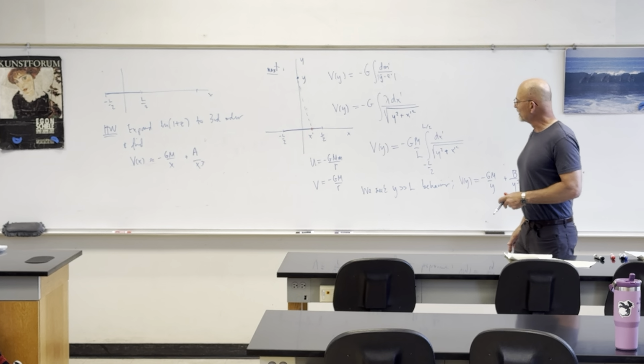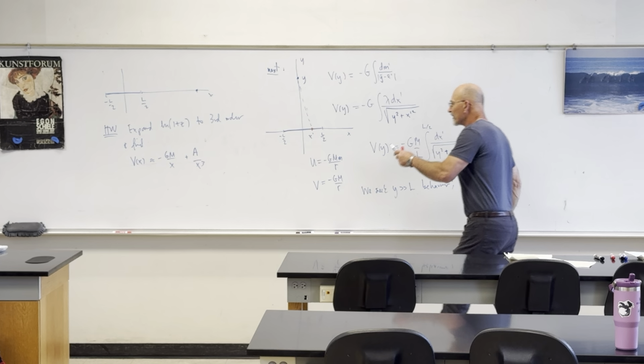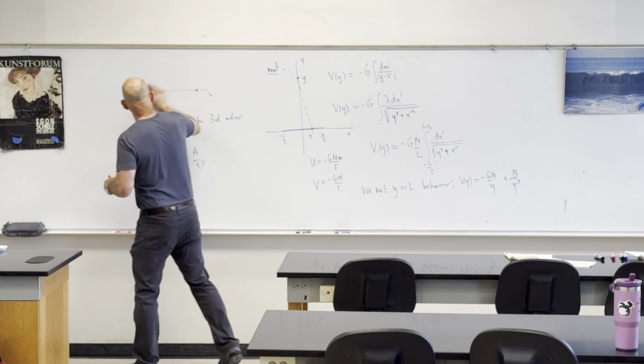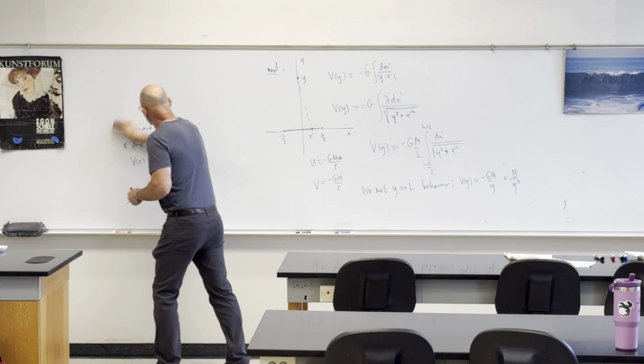So this problem here again was the potential when viewed from the x-axis, and here we're going to get the potential when viewed from the y-axis. So how could we expand this? Let's have a look. If I erase this one, you guys have this going on, right? So that integral is what's interesting now.